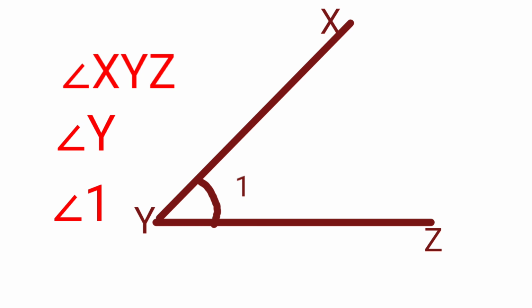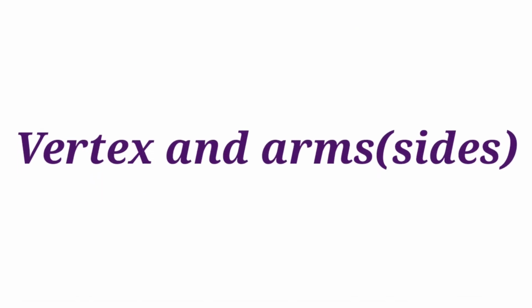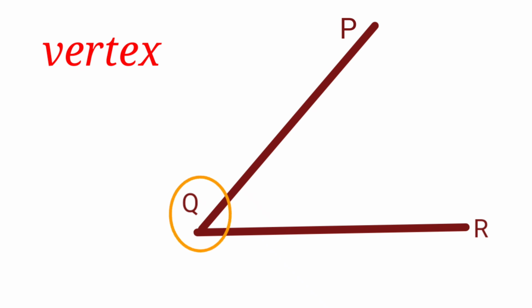Now let's see what we mean by vertex and arms of an angle. For that, let's consider this angle. So how can you read this angle? This is angle PQR. First of all, let's see what we mean by the vertex of an angle. Here you can see that the point Q is known as the vertex of the angle PQR.